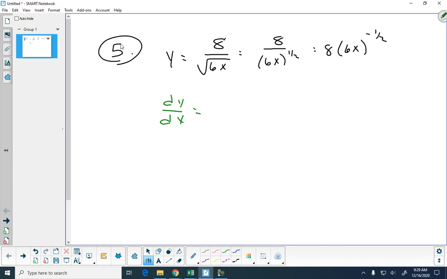When taking the derivative, we can use our chain rule here. So we're going to take our 8 and multiply it by the exponent, negative 1/2.